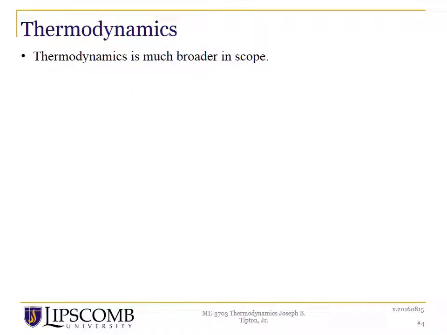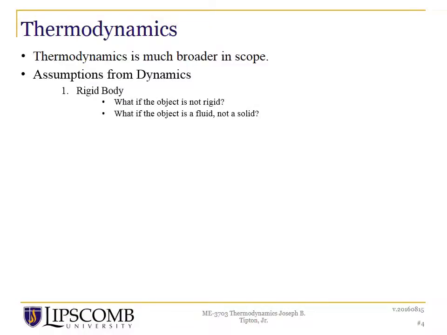So by reviewing what we learned about conservation of energy in dynamics, we can now step off from that base and expand our knowledge, make it much broader in scope by considering the wider world through thermodynamics. Let's start by looking at some of the assumptions from dynamics that were implicit in everything we did in that course. First of all, we worked with rigid bodies only. Well, what happens if the object is not rigid?